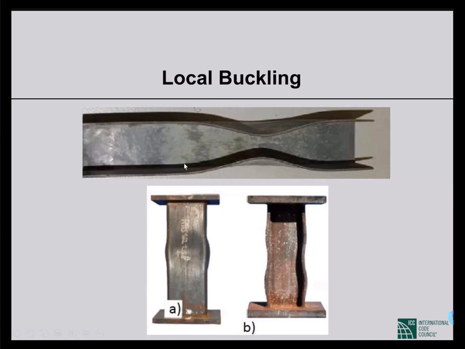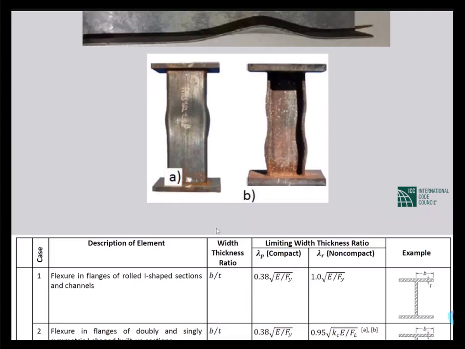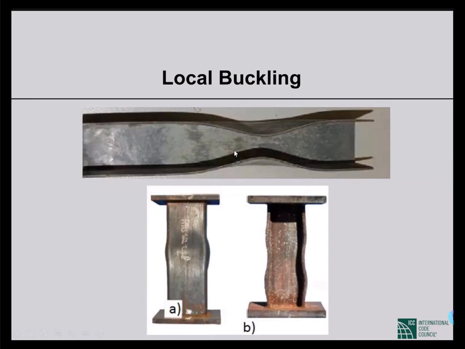In the top most picture, you see the web is straight, so the whole section didn't buckle, but the flanges buckled in one place. In the bottom picture, the column is straight, upright, but some elements buckled. So we have to be very careful about that.